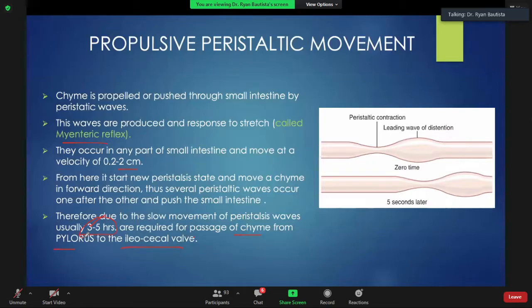And then we have another meal at around 2 or 3, and another one at 6, and then also a midnight snack. Do you do that now, my dear students, during the quarantine? Yes, we do. Yes, sir. So faster peristaltic movement during quarantine, right? But normally it's around 3 to 5.